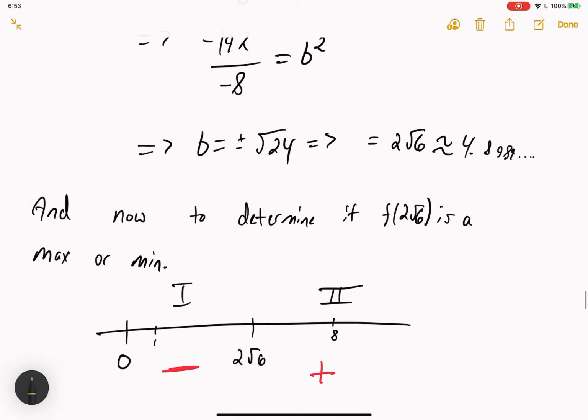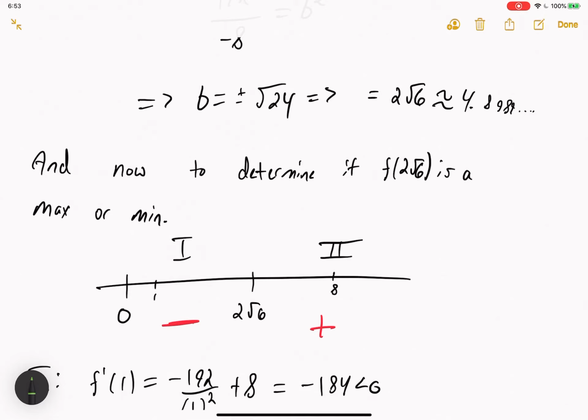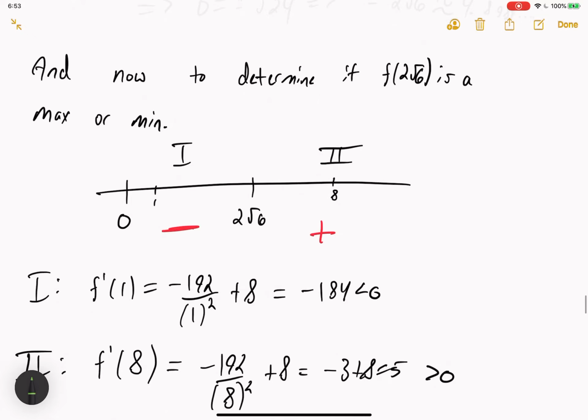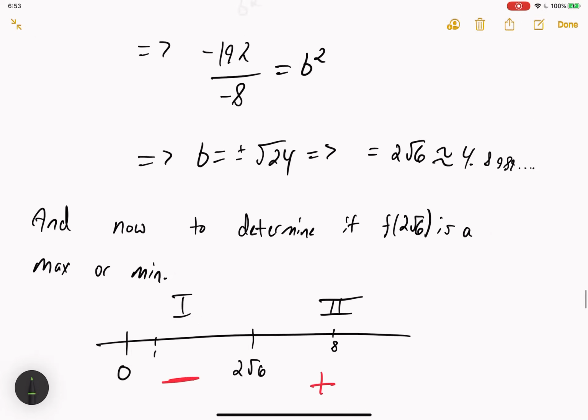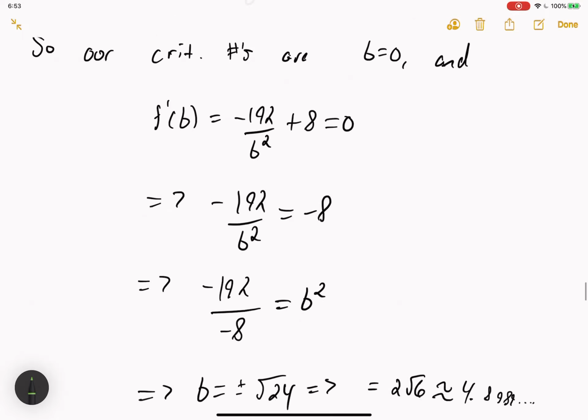Now we want to determine if f of 2 root 6, the B value we got, really is a minimum for that function. We can do interval testing with f prime, which is negative 192 divided by B squared plus 8.